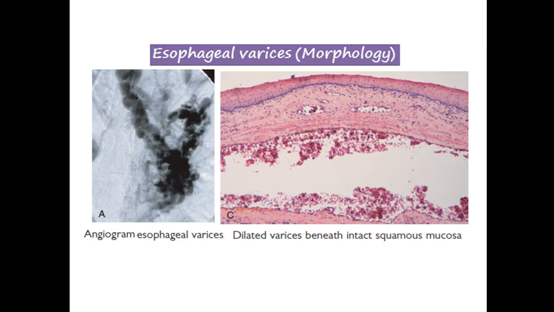Here we can see the dilated and large black colored esophageal varices. The picture on the right side shows that the epithelial lining of the esophageal lumen is intact, but we can see blood and dilated variceal vessels under the squamous mucosa.